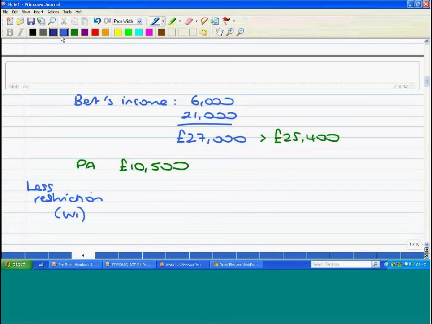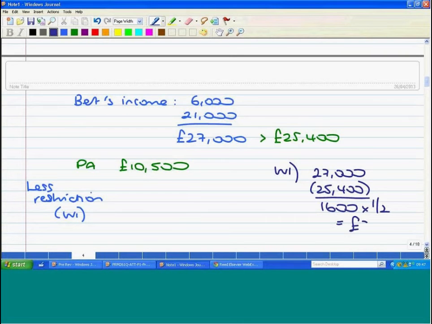So what we're going to be looking at is restricting it because he's earning above that £25,400. So let's show that in a separate working. So our working would show he's actually above that £25,400 by £1,600. Now we take half of that excess, so it's not the full amount over, it's half of the excess, and that's what we're going to reduce his personal allowance by.